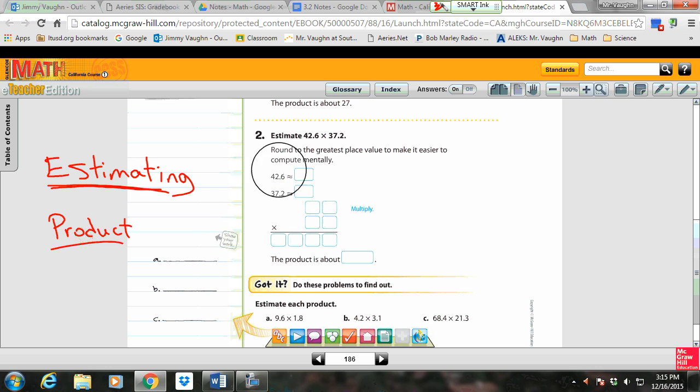So what you want to do is something you can do in your head. 42.6, the nearest thing to it is like 40, right? So we rounded this. The 2 is low, so it goes down to a 40. 37, is it closer to 30 or closer to 40? It's closer to 40. The way they word it is round to the greatest place value to make it easier.